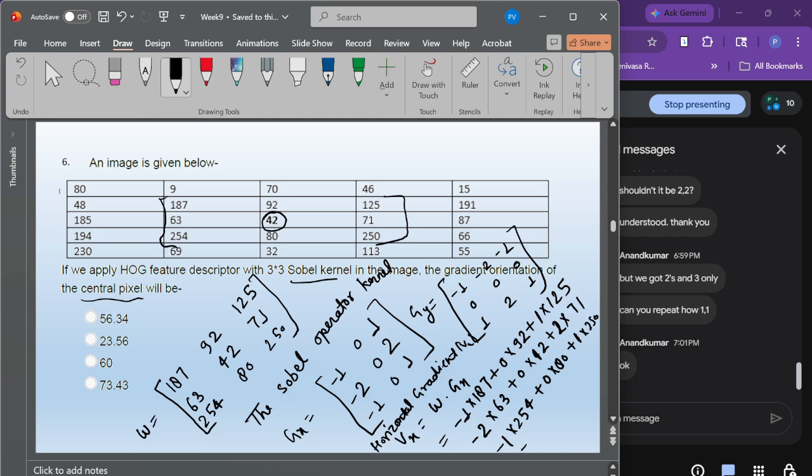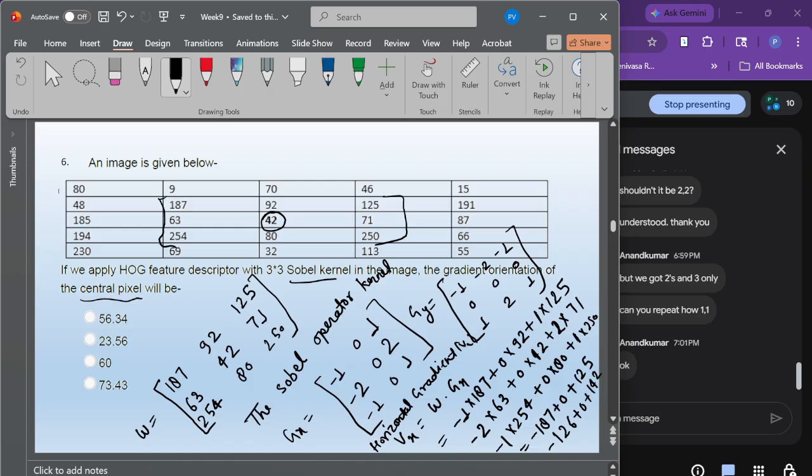Now just add and subtract all the values. So minus 187 plus 0 plus 125, minus 2 into 63, which gives minus 126, plus 0 plus 142, right, 2 into 71.